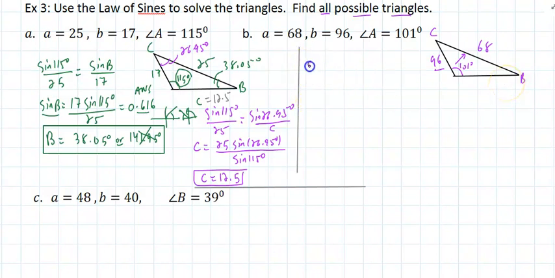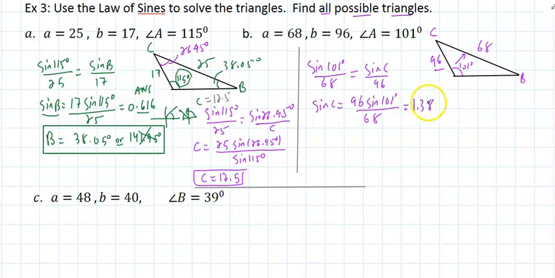If you didn't see that, you're going to say the sine of 101 degrees divided by 68 equals the sine of C over 96. That means the sine of C equals 96 times the sine of 101 degrees divided by 68, which is 1.38.